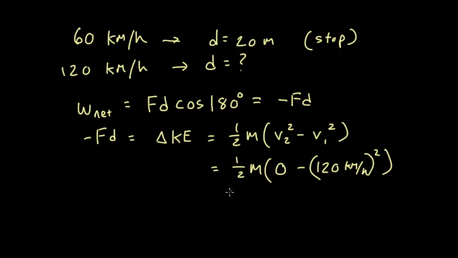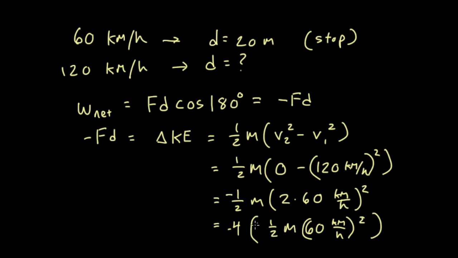Now we're not in SI units here, but you will see that it's not necessary, because what we have here, I'm going to bring out the minus sign, is 120 is 2 times 60 kilometers per hour, squared. So this is what we had before, okay? And now we are squaring this, so I can bring out a 4. So this is 4 times what we had before.